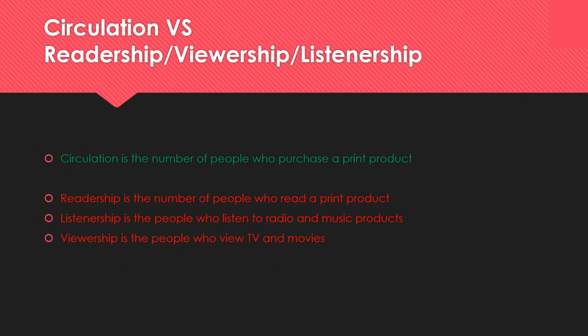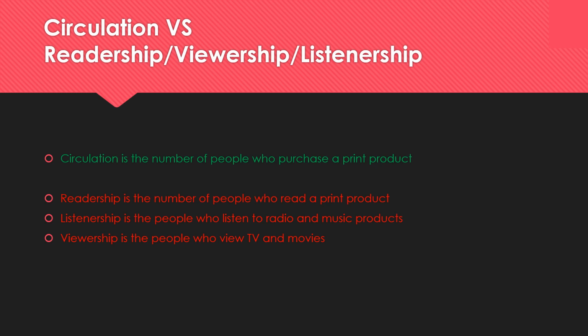Some keywords that are used to describe how many people are going to see your product and the type of category of people are circulation, readership, viewership, and listenership. Circulation is the number of people who purchase a print product. Readership is the number of people who read the product.